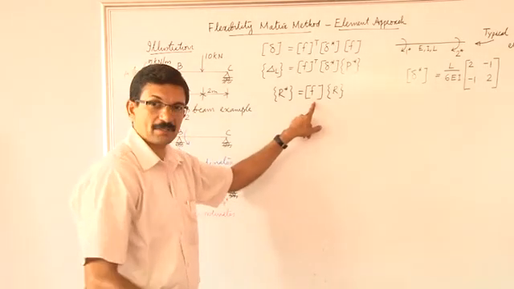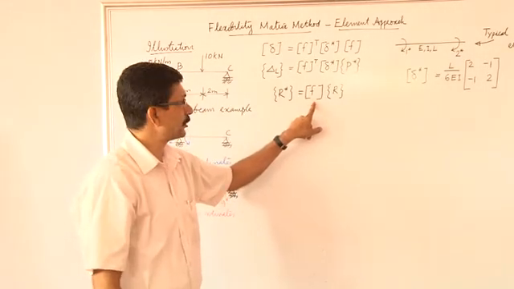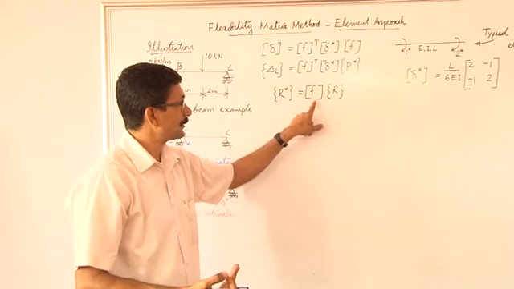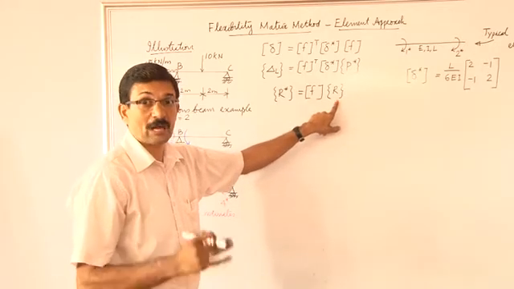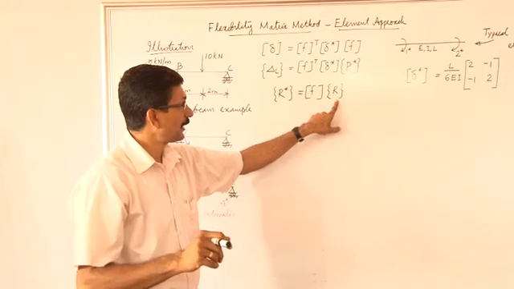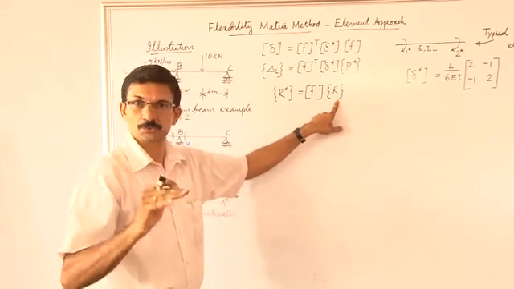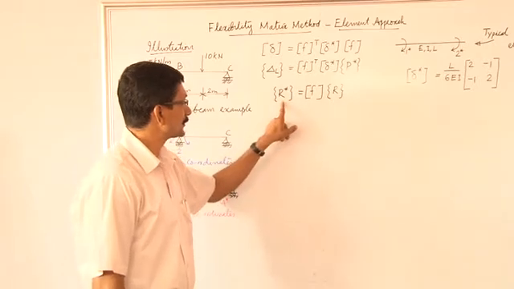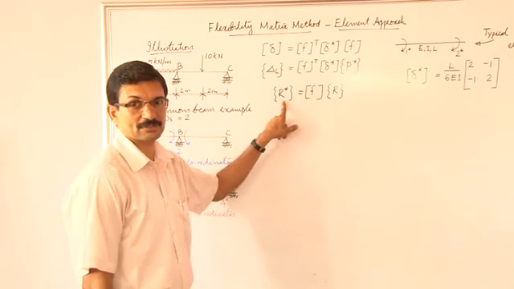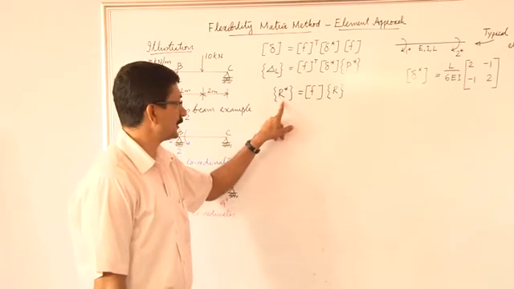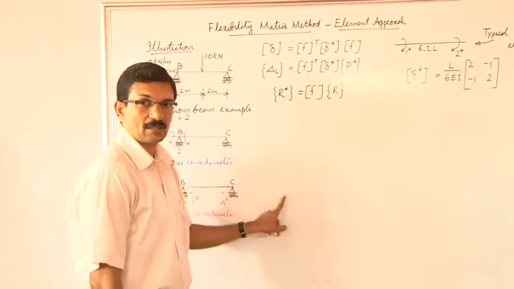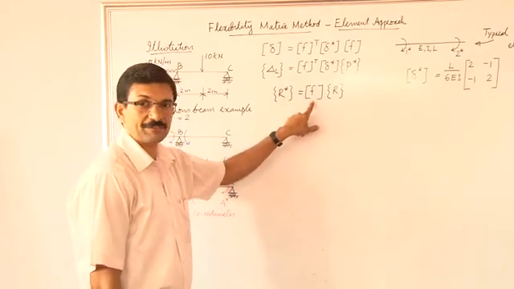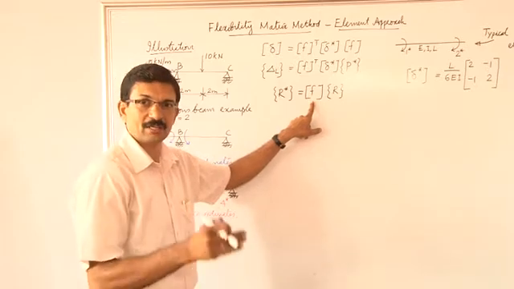To develop, say, the first column of this F matrix, we set the first structure force R1 to 1 and all the other structure forces R2 onwards to 0, and find out the element forces. The element forces, R1 to Rm for example, would represent the coefficients in the first column of the F matrix.